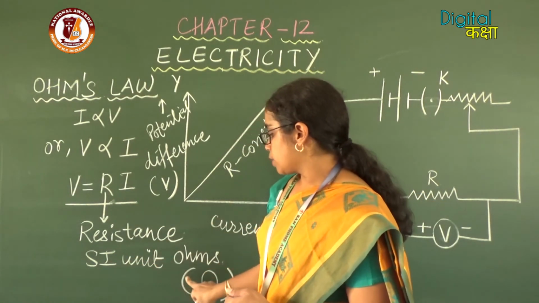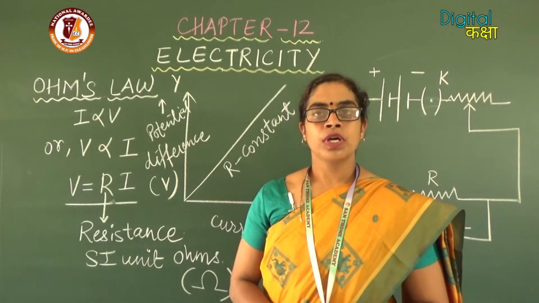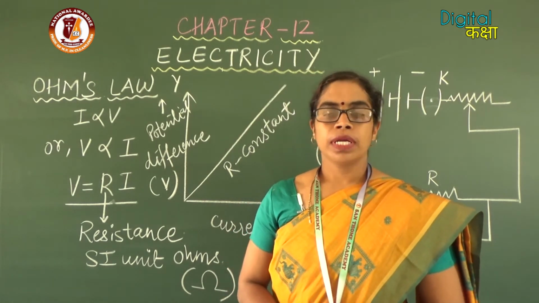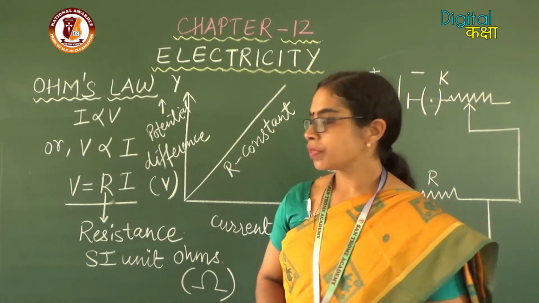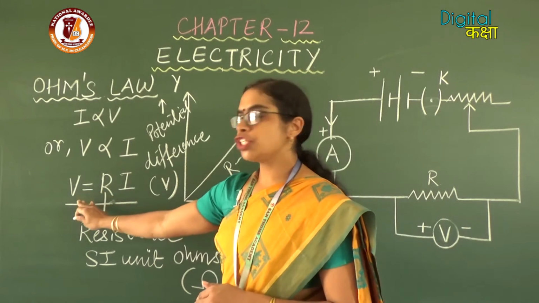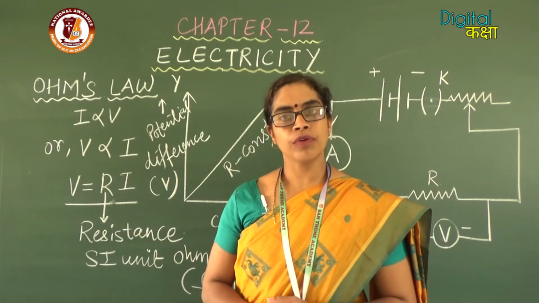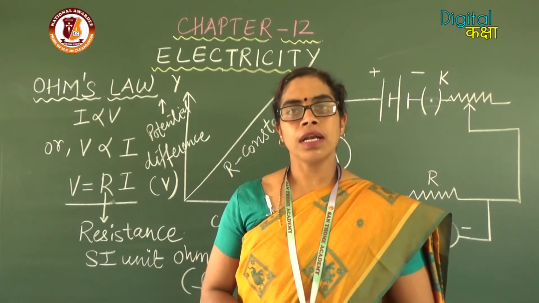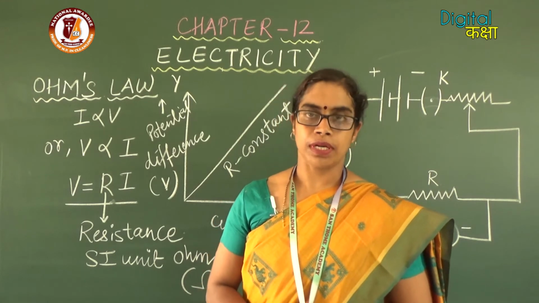The SI unit, as we have discussed, for the resistance is ohms. So, 1 ohm is defined as the resistance of that wire for which the potential difference applied across its ends is 1 volt and the current flowing through that wire is 1 ampere.